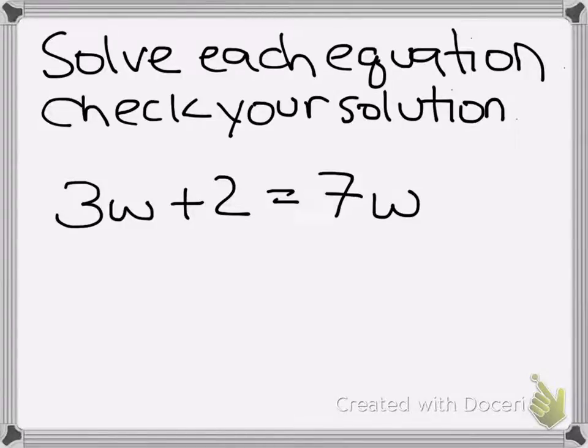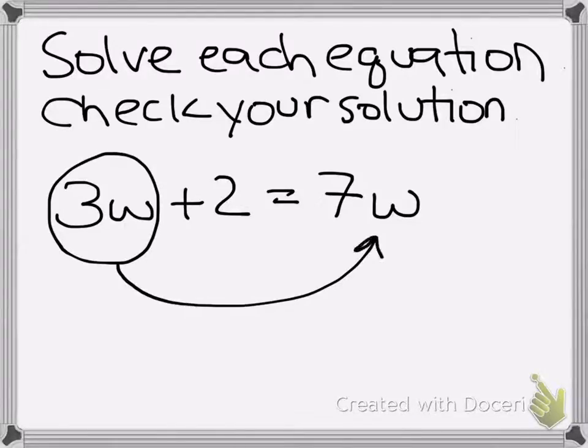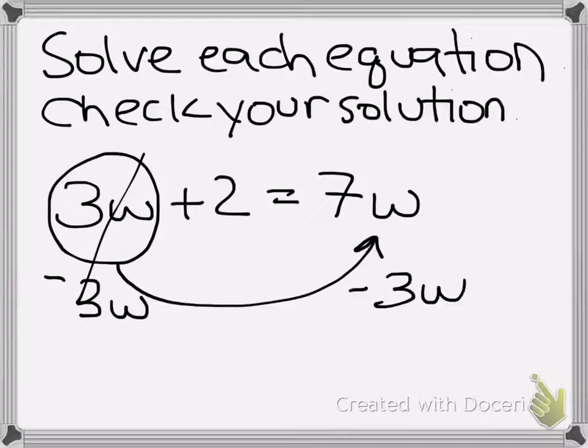So I'm going to take the 3w and move it to be with the 7w. And to do that, since 3w is positive, I'm going to subtract. So subtracting 3w. Whatever I do on one side, I'm going to do to the other.